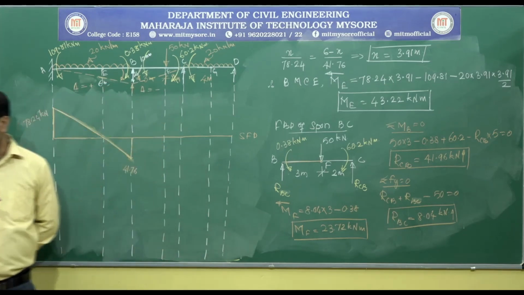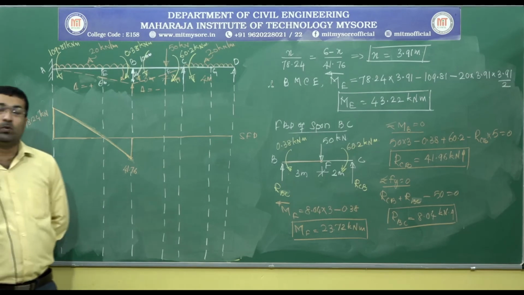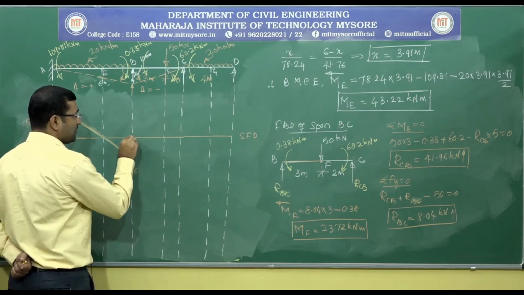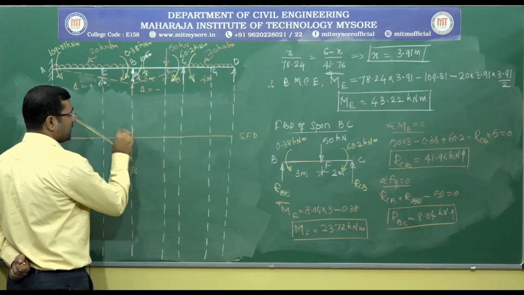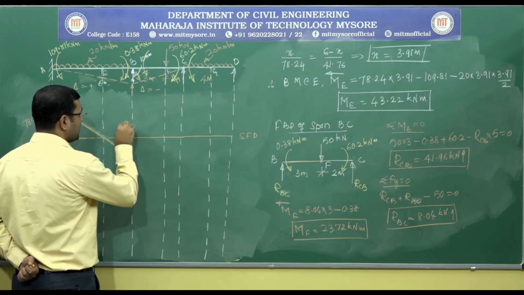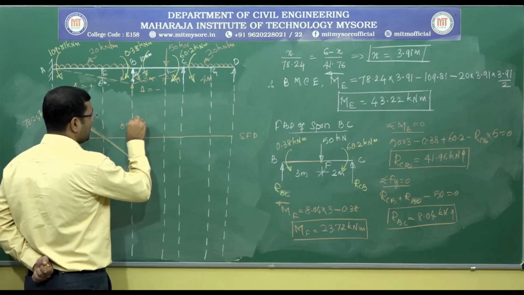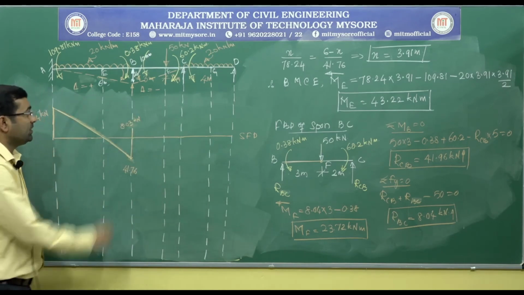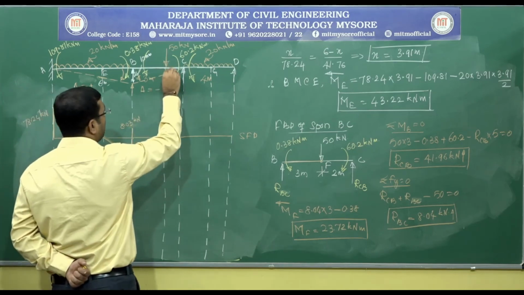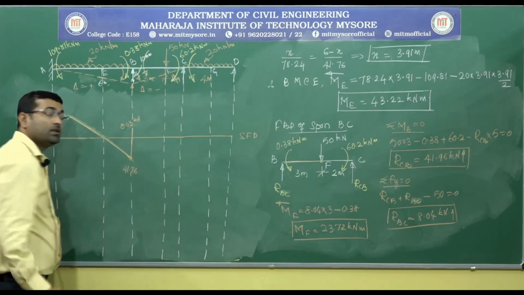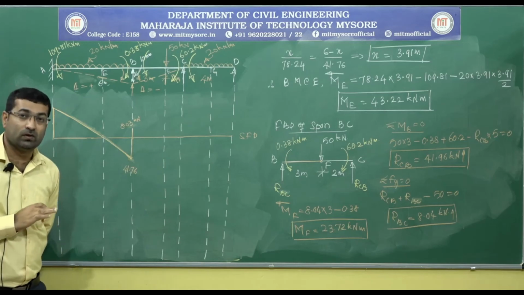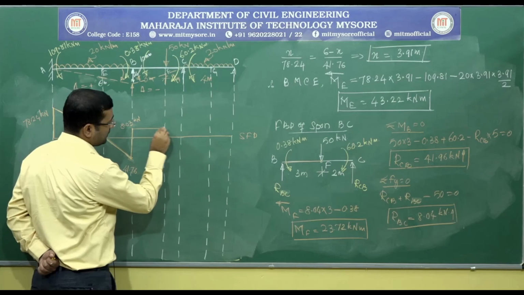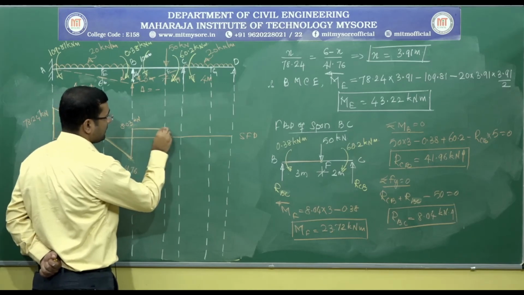As per our calculations, RBC is 8.03, a very small value. As it is positive, I am going to take it vertically upwards. It is just about 8.03 kilonewtons, right? But from B till F, that is till the concentrated load 50 kilonewton, we don't have any other loads, so I have to maintain the line constant.